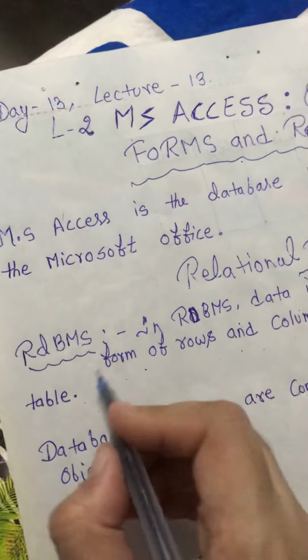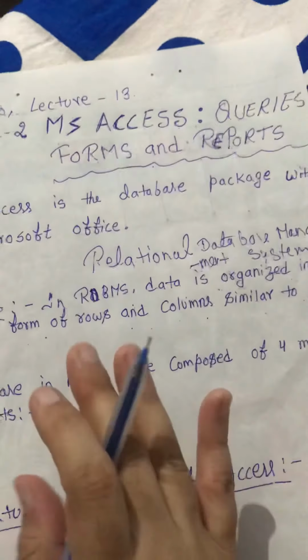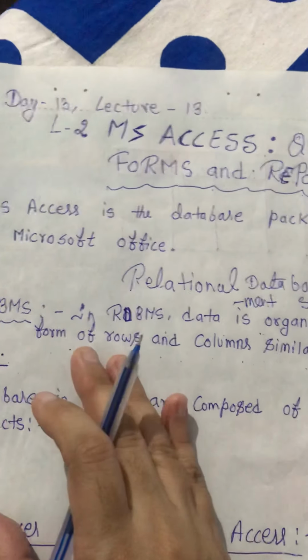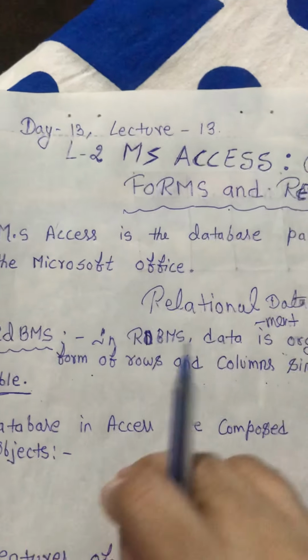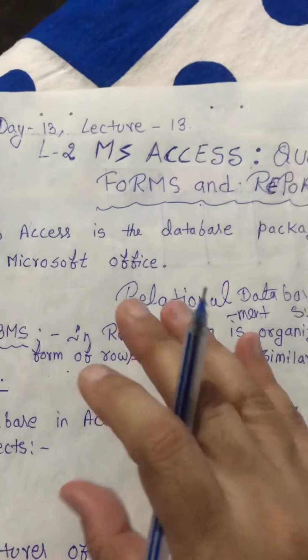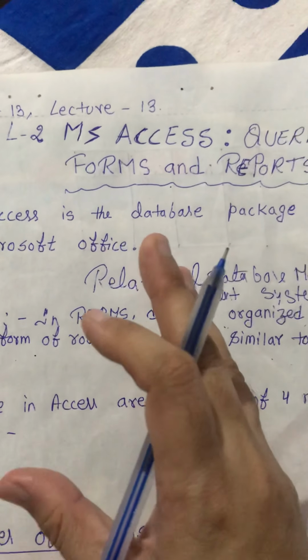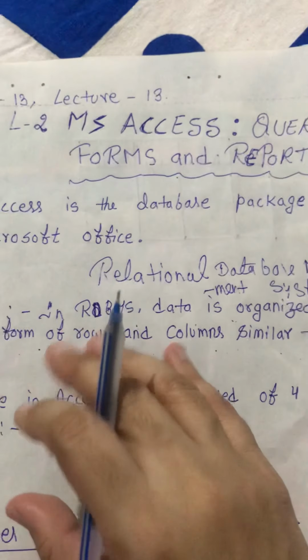And what is a table? You already know that a table is a collection of rows and columns. Access provides a graphical user interface for managing data.